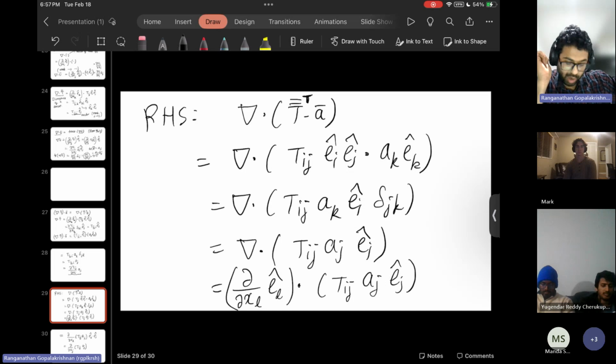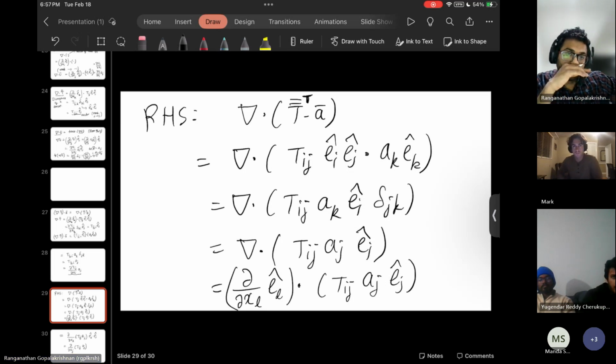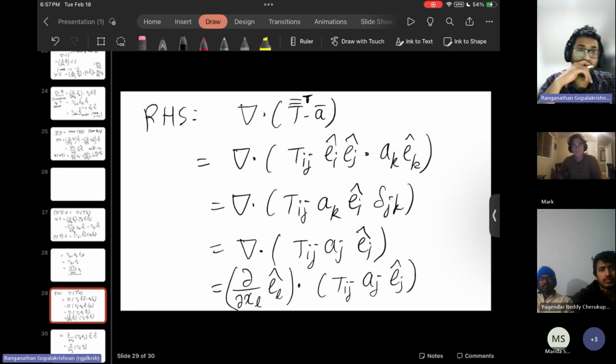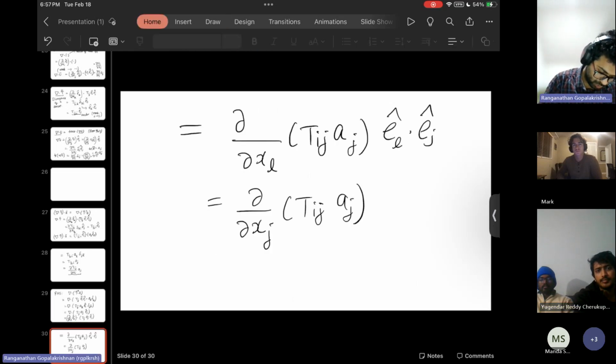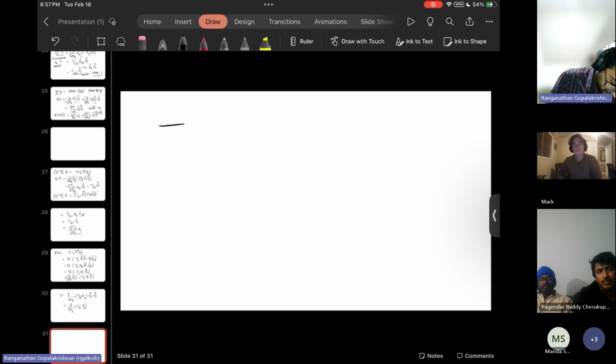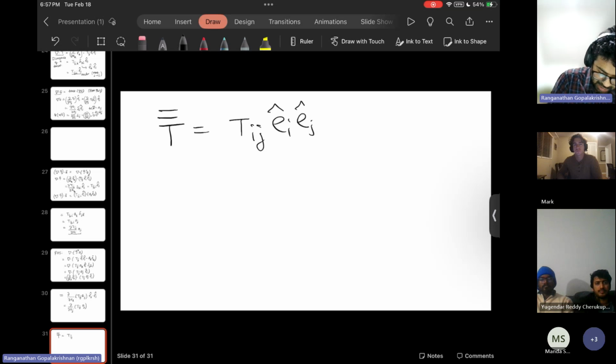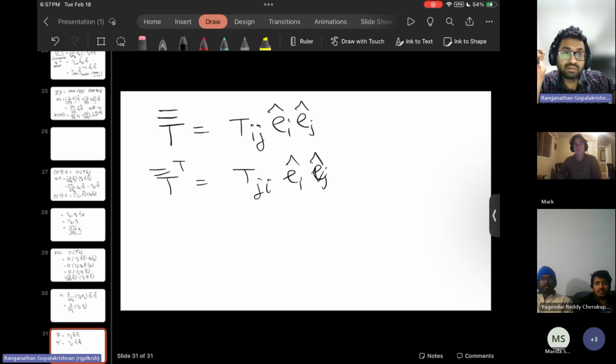So before I do that, what would change if we have to work with T transpose instead of T? How do you write T transpose in index form? I'm going to erase all this. Yeah, tell me. Are you saying this? If T is expressed as T_ij e_i e_j, then the transpose of T is T_ji e_i e_j.